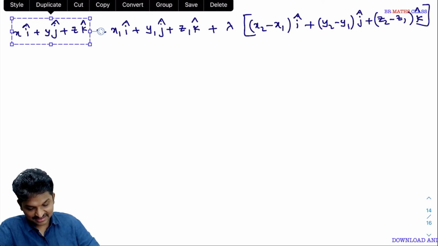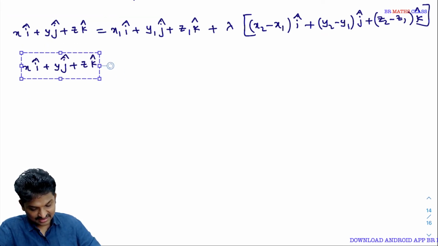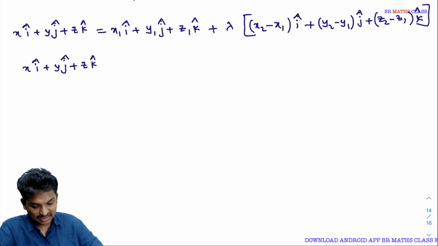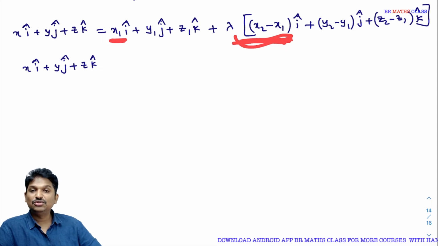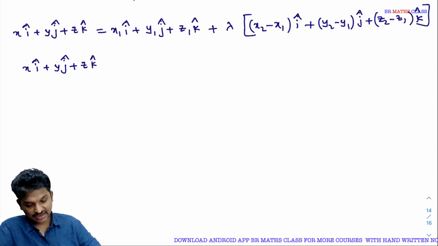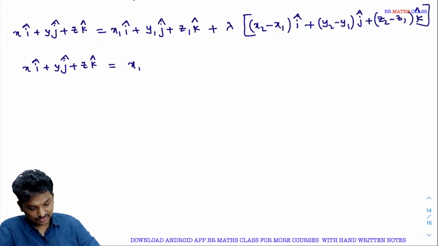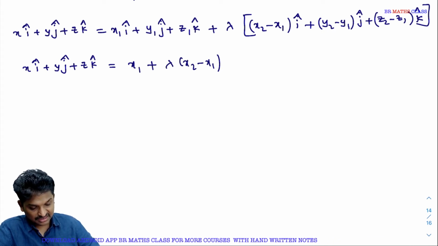This is as it is, this is as it is. Equal to, now you see here also i term is there, here also i term is there. In these two you take i common, what you will get? You will get like this: x1 plus lambda times of x2 minus x1 into i cap.